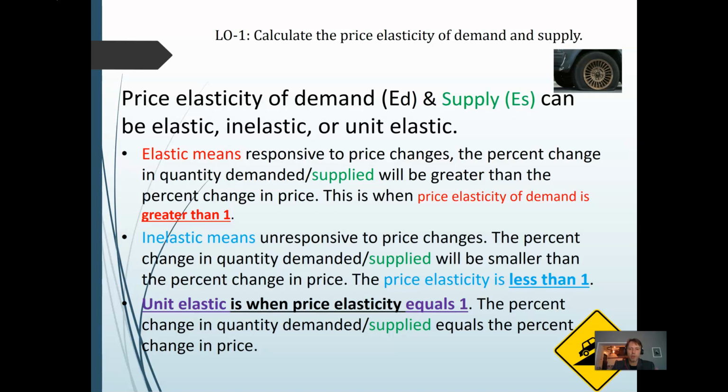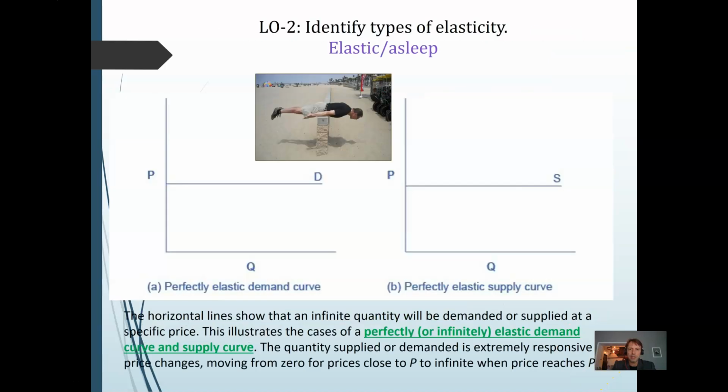The more vertical or the more steep a curve is, the more inelastic that curve is. And on some rare occasion, you might have something where the elasticity equals exactly 1, so that's given a special name, unit elastic. So most things are elastic or inelastic: greater than 1, elastic; less than 1, inelastic. If it happens to equal exactly 1, we call it unit elastic.